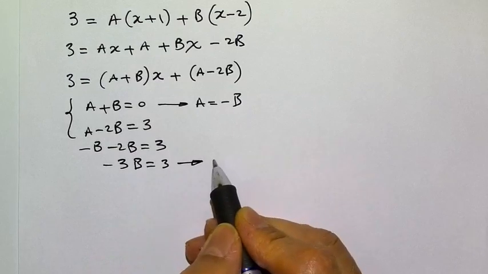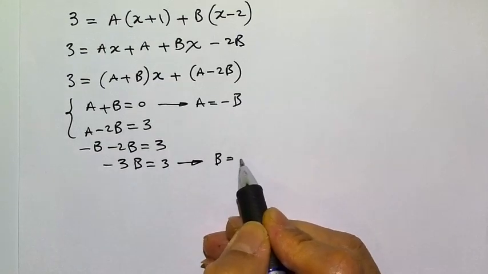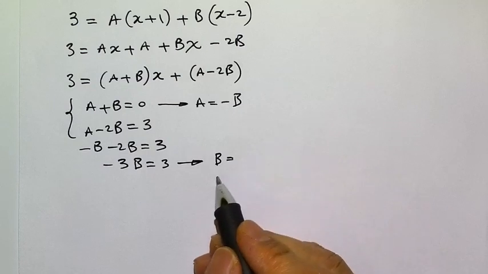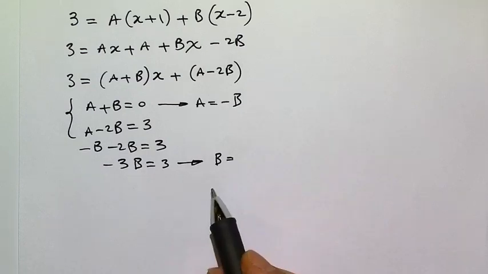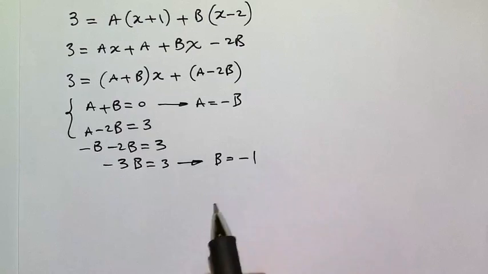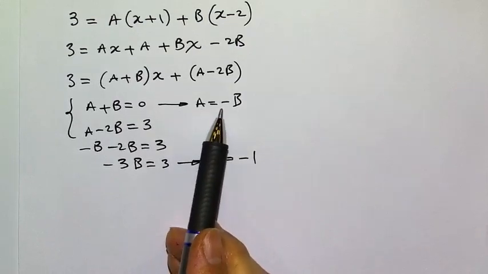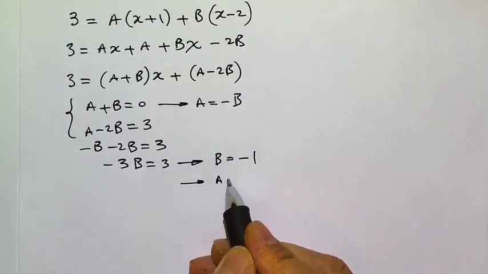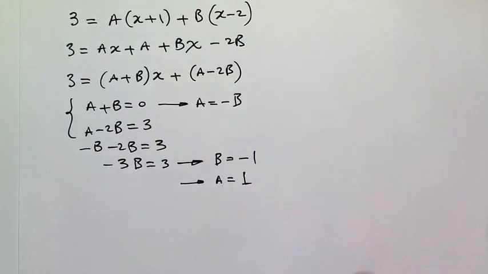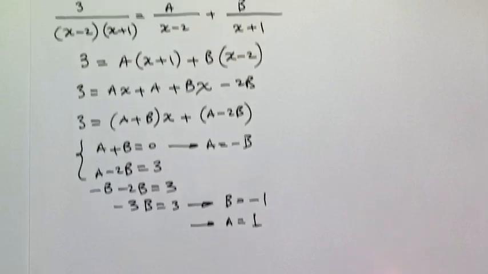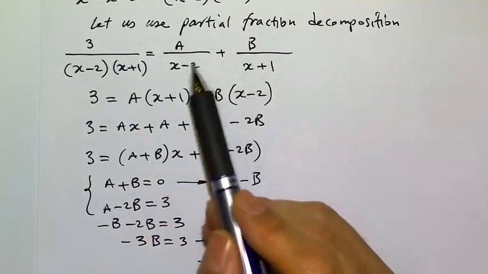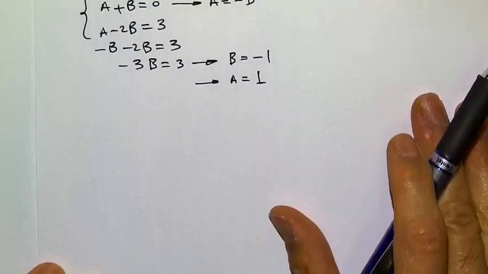So from here, b equals minus 1. And then because a equals minus b, a equals 1. Okay, so now we can rewrite that original fraction in terms of these two individual fractions. Let's do that.